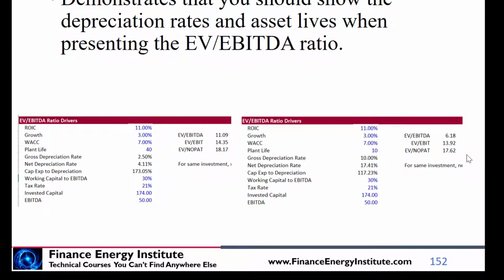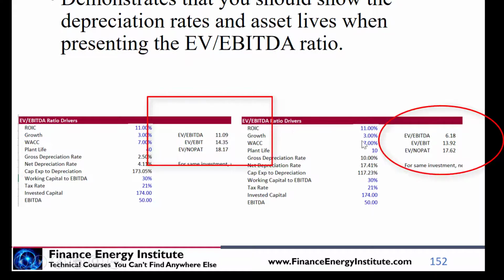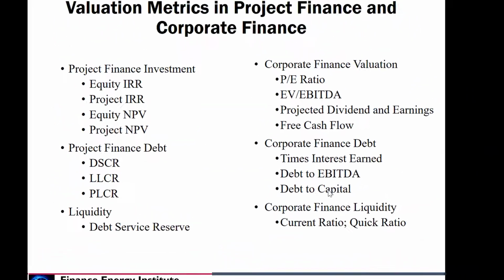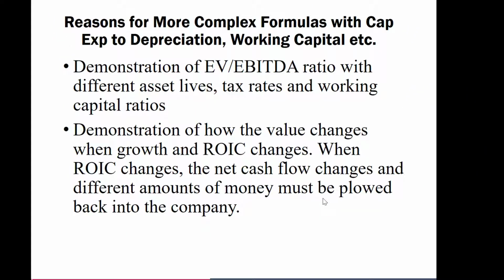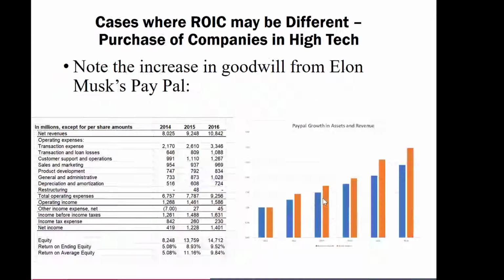Okay. And then this one, I just put different asset lives in with all the other costs of capital and showed that the EV to EBITDA still has a very dramatic effect when we're having a 40-year asset versus a 10-year asset. Okay? And I've got a couple of other things here, but that's it.